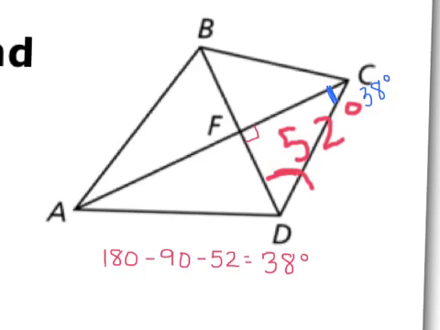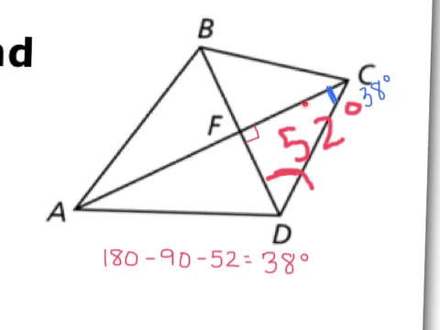So again, looking at this as a right triangle, this and this and this have to add up to 180. So if I've got these two, subtract those from 180 and I get 38 up there. Now that question asked me for angle BCD, so it asked me for this whole thing. We didn't cover it as a formal theorem, but you can probably see this diagonal kind of splits the shape in half.